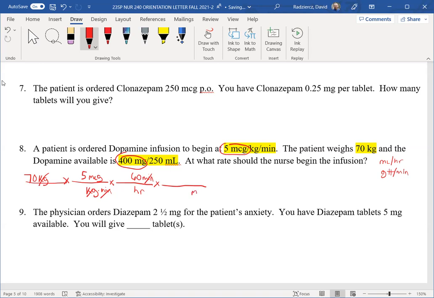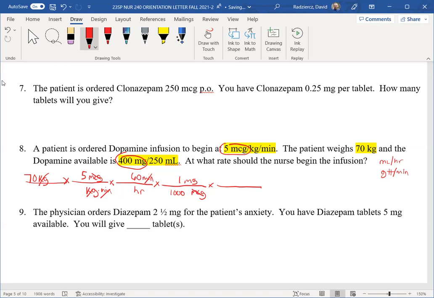So you should know that there are 1,000 micrograms in a milligram. And I know you might write this out a little bit differently than I am, but bear with me. So now we've gotten rid of micrograms, we've gotten rid of minutes. We're now in milligrams per hour based off of what we've written out here.